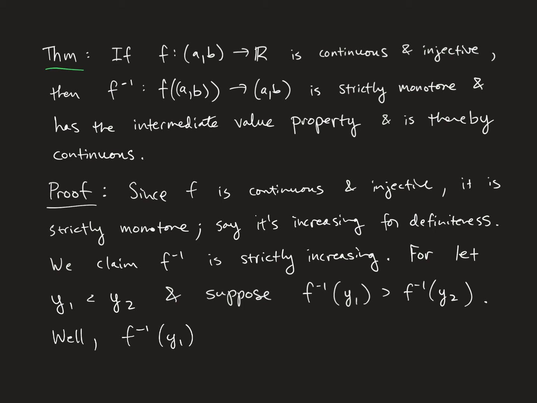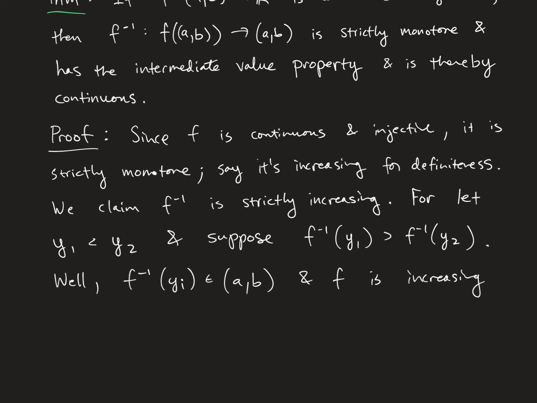So the f inverse of yi are in AB, and f is increasing. So if we just apply f to these two points in AB, since this point is to the right of this point, the value of the function here is going to be bigger than the value of the function here. We obtain f of f inverse y1 is bigger than f of f inverse y2.